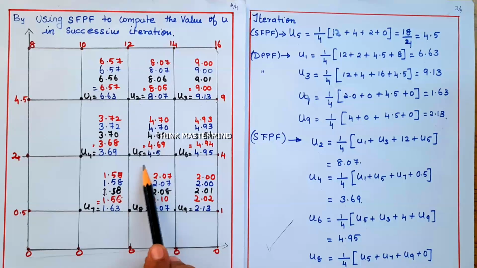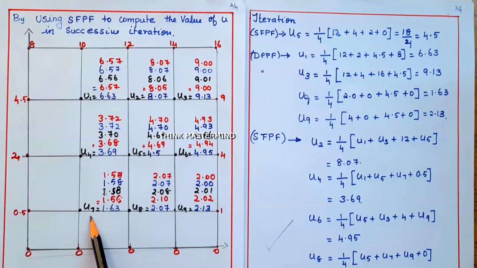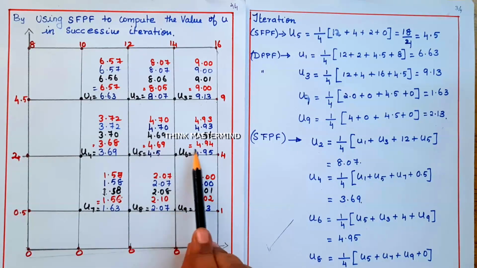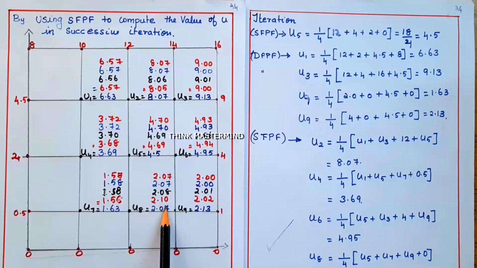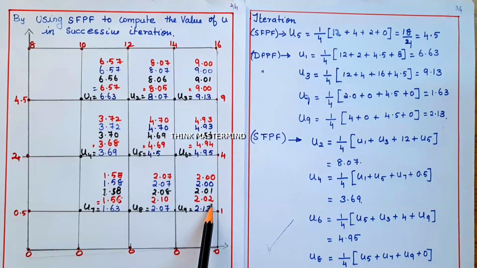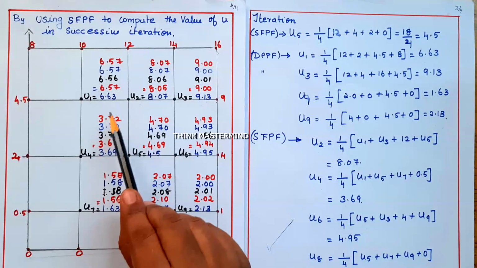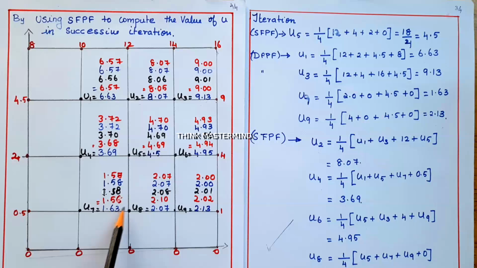Continue the same process to find u5, u6, u7, u8, u9. You're getting the values 3.68, 4.69, 4.94, 1.56, 2.10, 2.00. So again we have to continue the process until we get the same values of u1, u2, u3 up to u9.